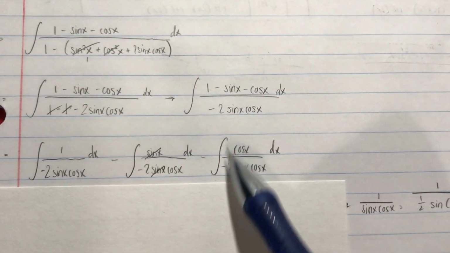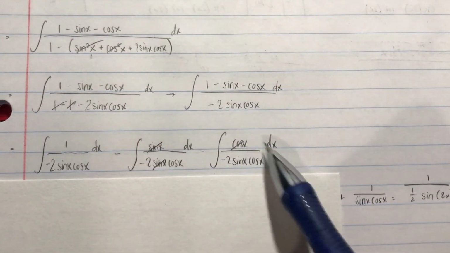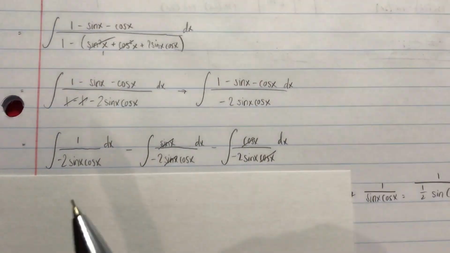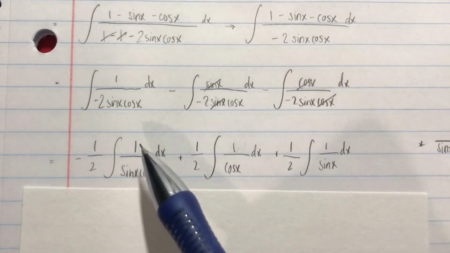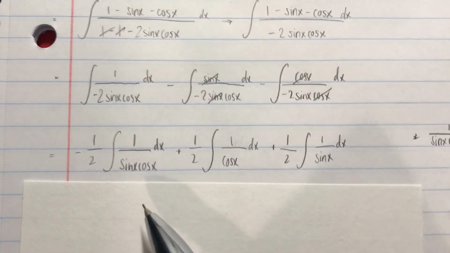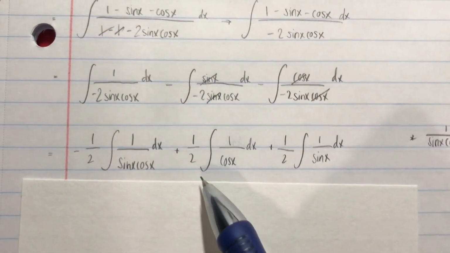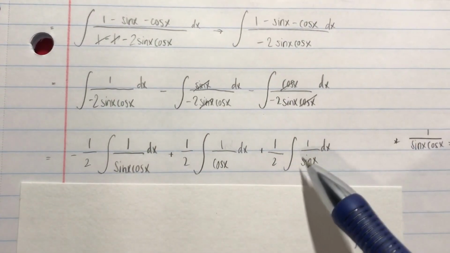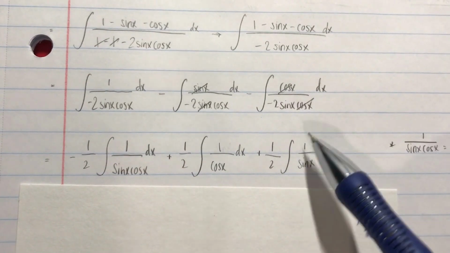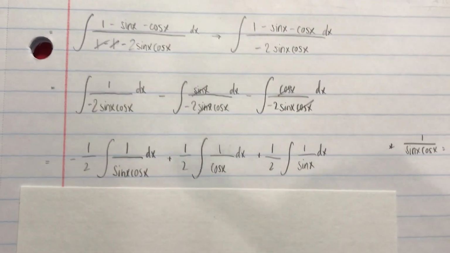The same applies in this case with the negative 1/2, and we can cancel the cosine x in the denominator. What we're left with is negative 1/2 times the integral of 1 over sine x cosine x plus 1/2 times the integral of 1 over cosine x plus 1/2 times the integral of 1 over sine x.